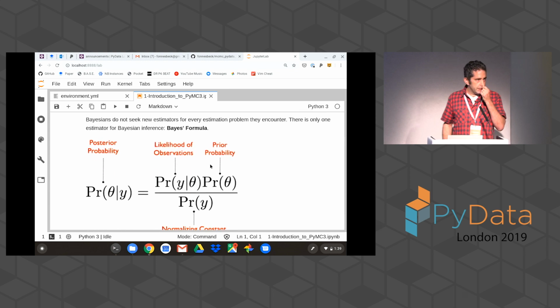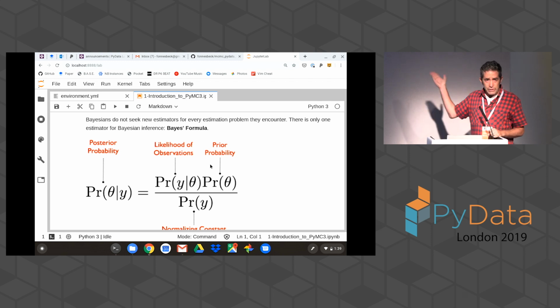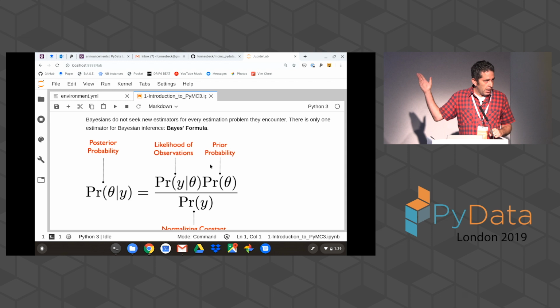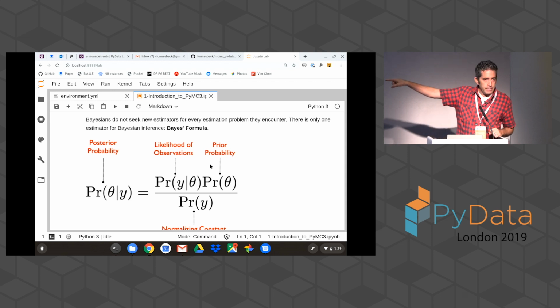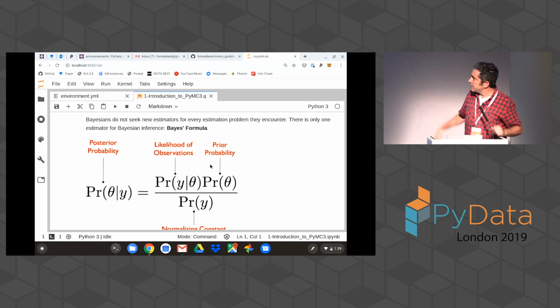Okay, and the other nice thing about being Bayesians is that you don't have to be good at coming up with estimators for things because there's only one estimator in Bayesian statistics, and that's Bayes' formula. So here's my obligatory equation showing Bayes' formula. Okay, and so the thing that we're interested in over on your left is the posterior probability that I've showed you already. And the way that we get that is we combine some information from our data in terms of what we call a statistical likelihood.